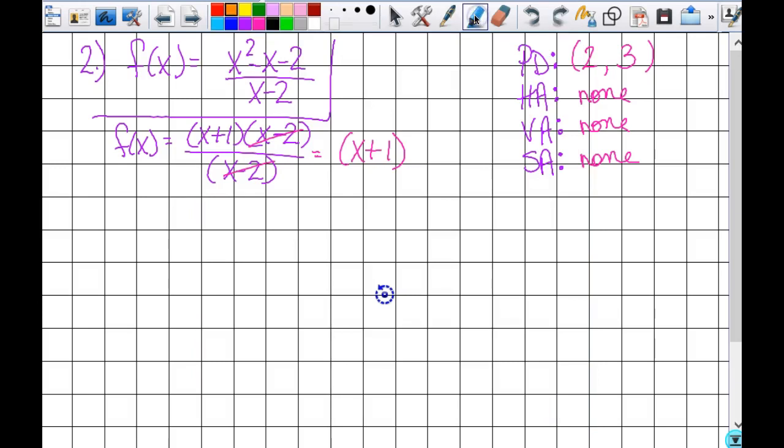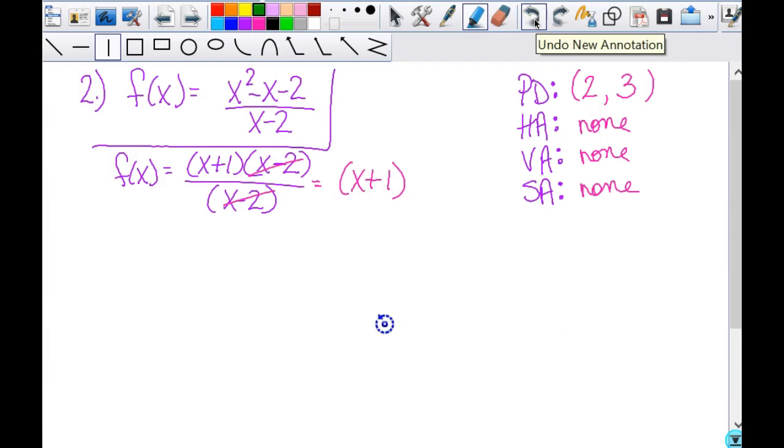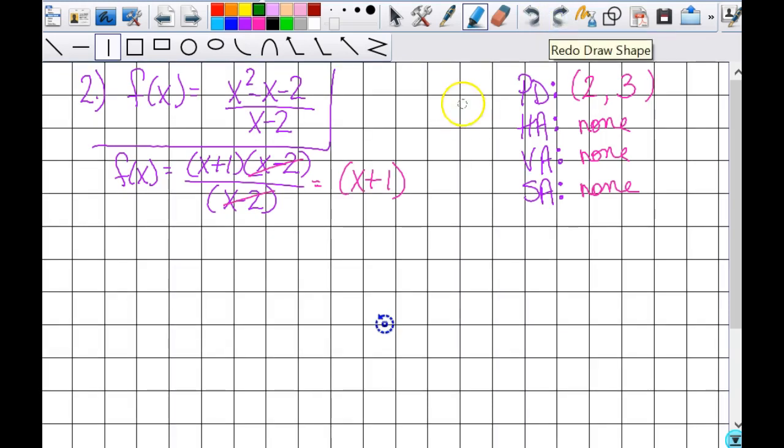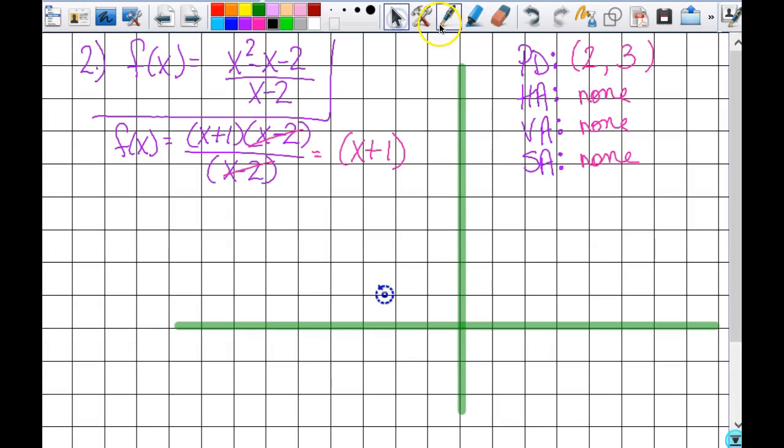I'm going to draw in my axes again, maybe. So when I go to graph this, I have point discontinuity at 2, 3.